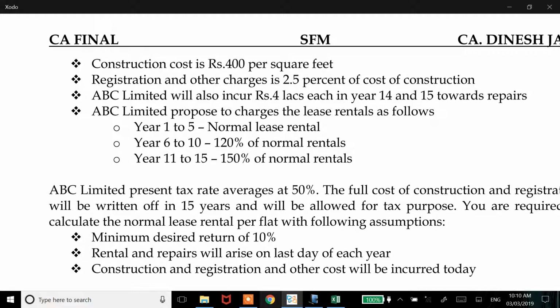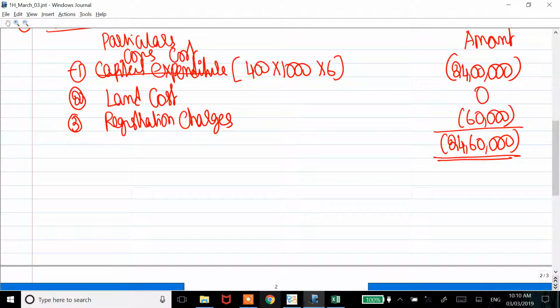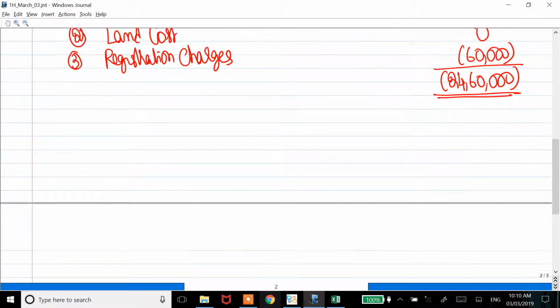Why 14 and 15 is separate is there are repair charges. There is a repair of 4 lakhs. So we will have particulars 1 to 5, 6 to 10, 11 to 13 and 14 to 15. Before that you can write, let us assume the normal lease rent to be X.